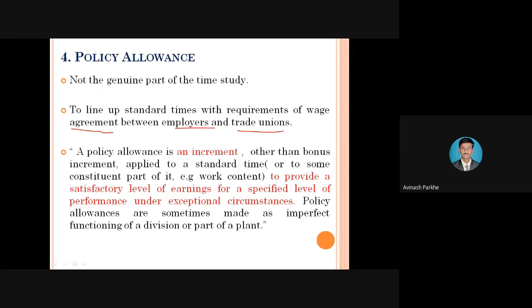Then we can consider the effect of policy allowance in the total basic time. If the management does not allow that policy allowance, its effect will not be considered under the basic time. So it is totally based on the management. For this allowance, any operator or worker will not make any demand. Therefore, this is called a policy type of allowance.